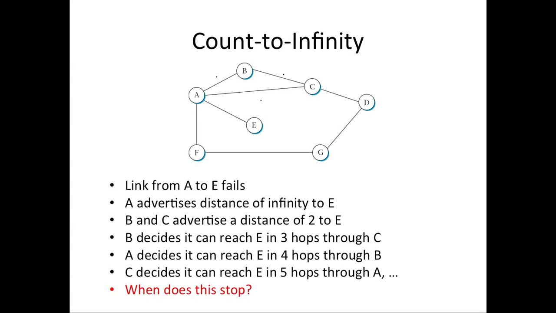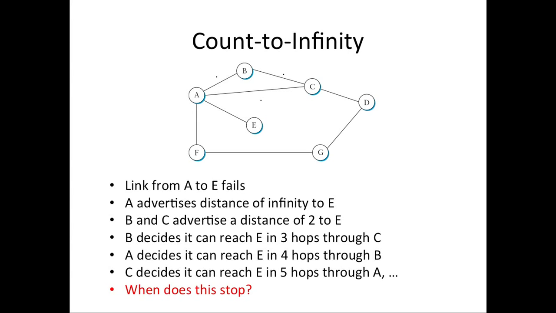When the direct path A fails, A still receives this advertisement from B saying, I'm 2 hops away. So what should A do? I'm 3 hops away. Exactly. A says, this direct path failed, but there seems to be an alternate path that'll allow me to get to E using a slightly longer path.